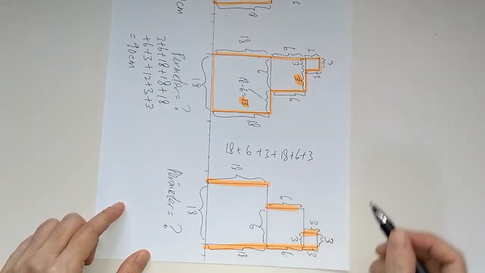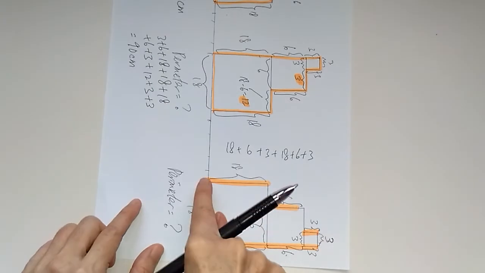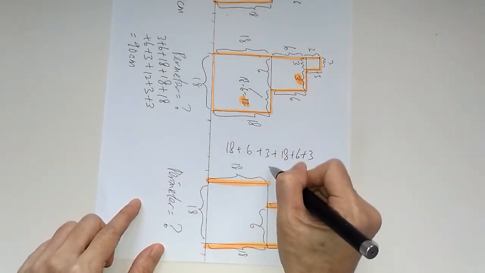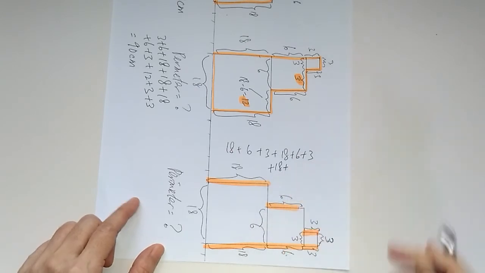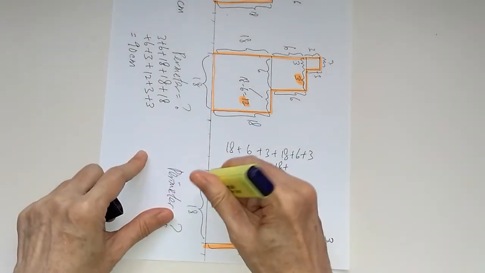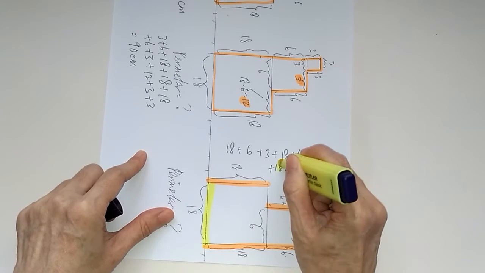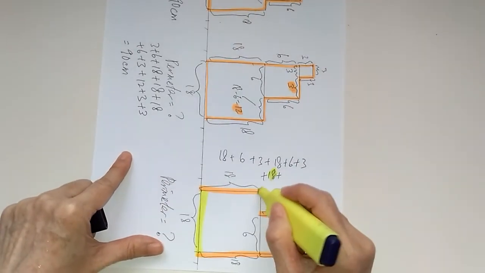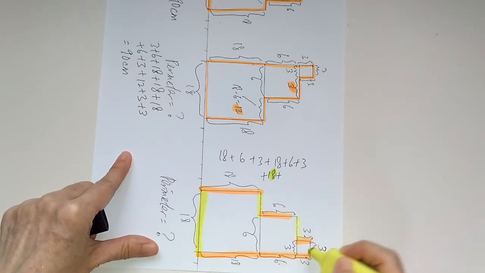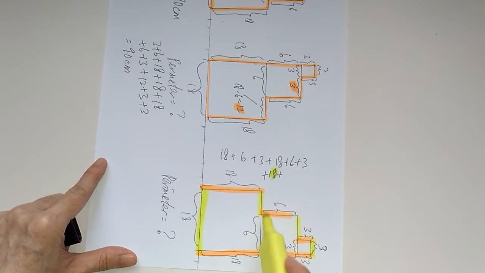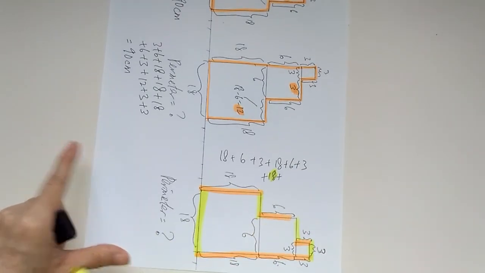And then 18 plus 18. If you look at this part, this is 18. And then 3, this line, and this line. In fact, these 3 lines add up to be 18.